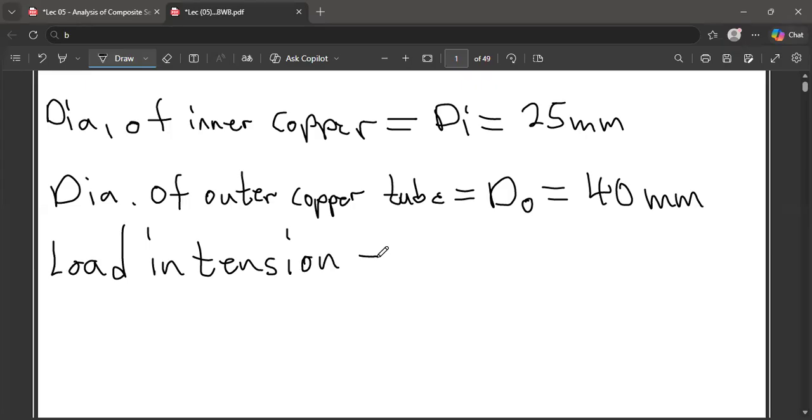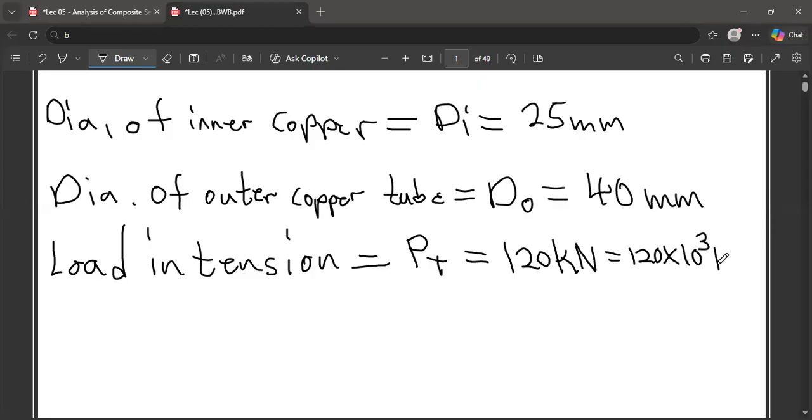The load in tension, we can denote it as PT, is equal to 120 kilonewton, which is just the same as 120 times 10 exponent 3 Newton. Okay, don't get confused.